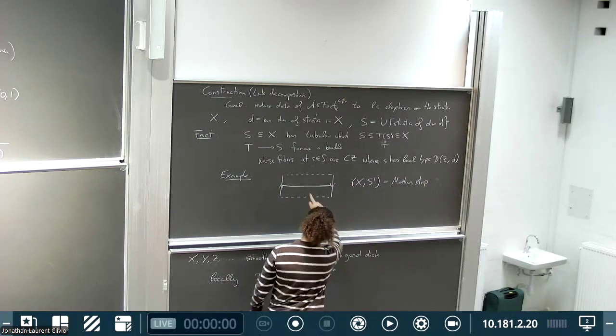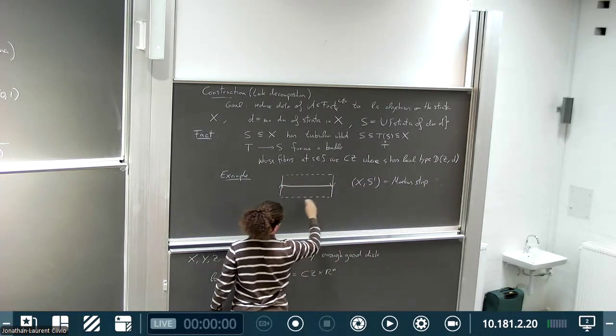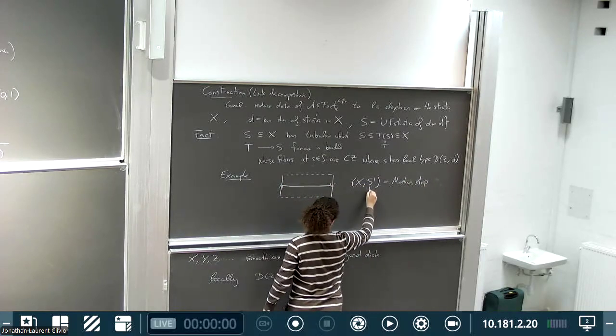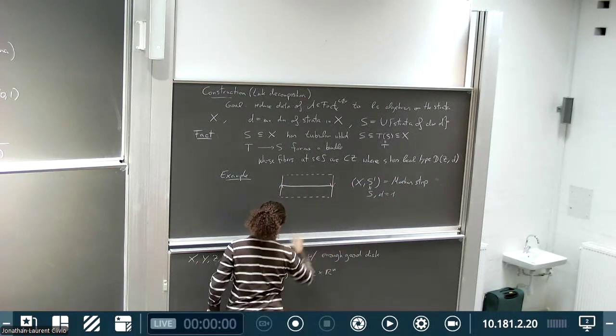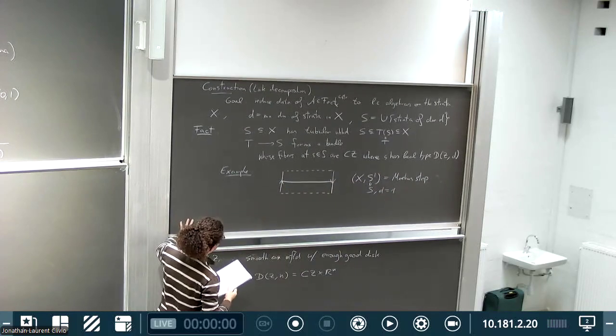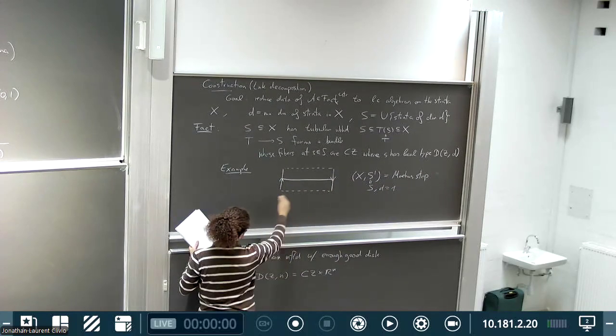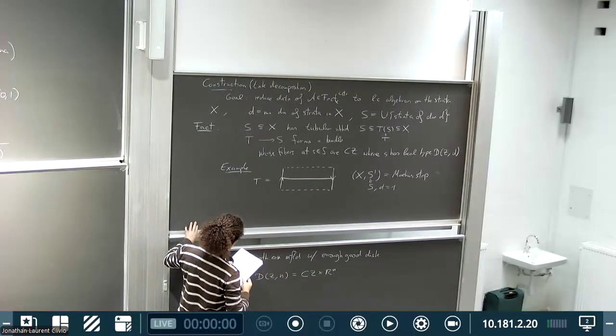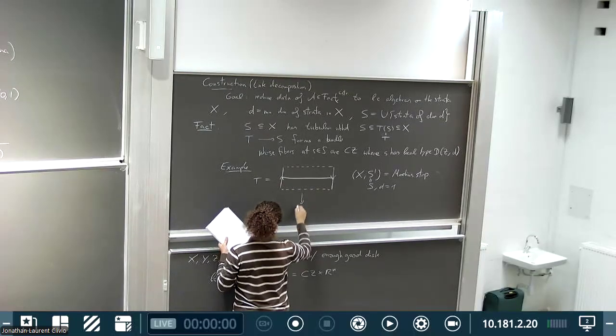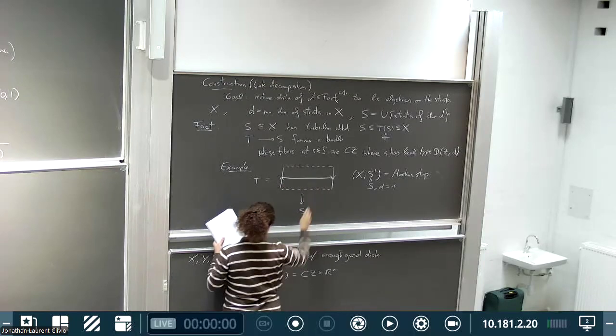It has a one-dimensional stratum and a two-dimensional stratum, and this S1 is then just S. And D will be 1 with this one-dimensional stratum here. In this case, the trivial neighborhood is just going to be the whole manifold, so T is just going to be X itself. And the projection is just the usual bundle onto the circle.